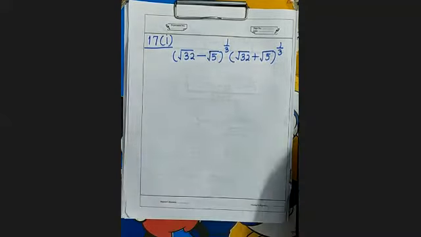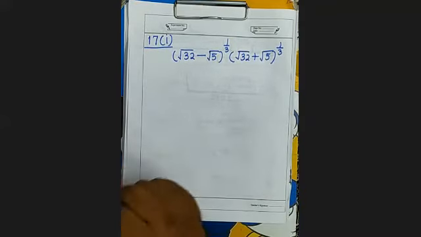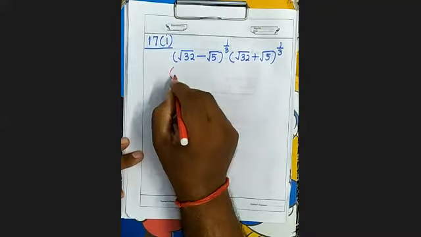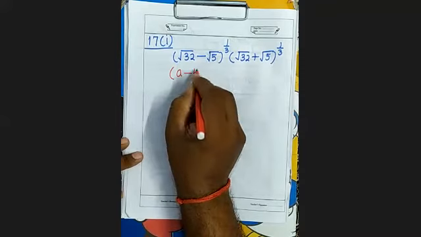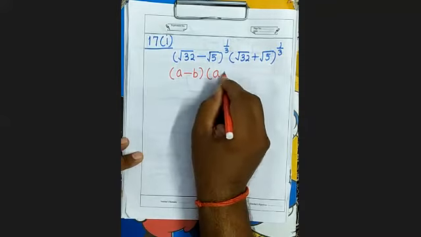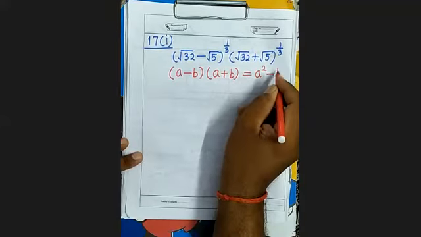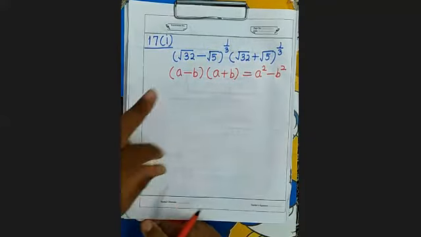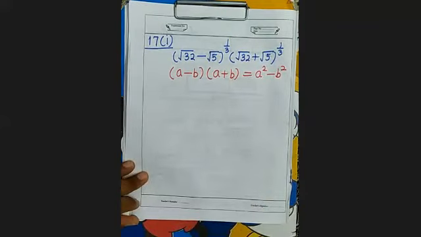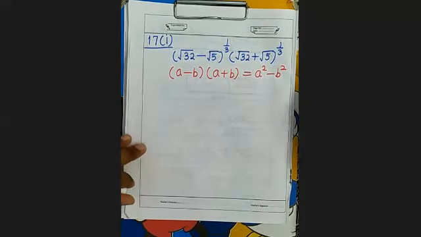And here you will use this special formula: (a minus b) times (a plus b) equals a square minus b square. Since the powers are the same, what will you do?